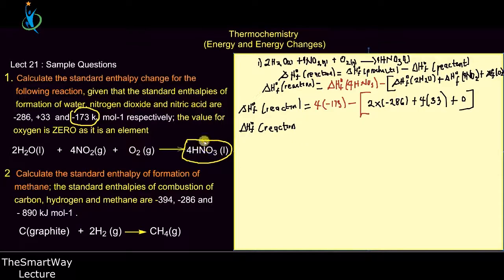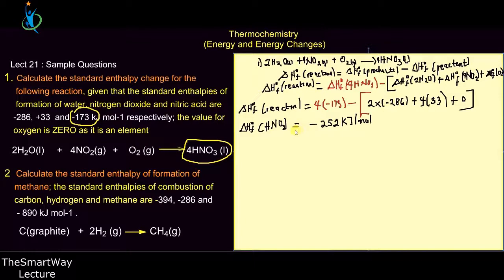The standard enthalpy of formation of this particular one, when you do your subtraction, is equal to negative 52 kilojoules per mole. So that is the value you are going to get. Very, very simple.